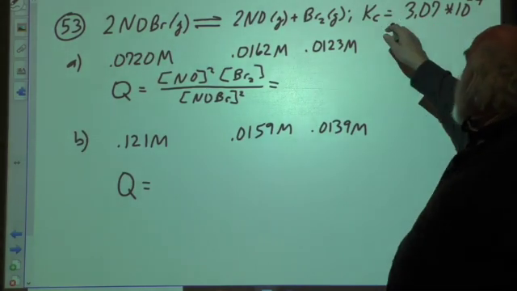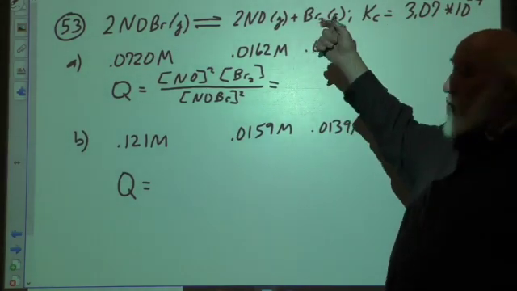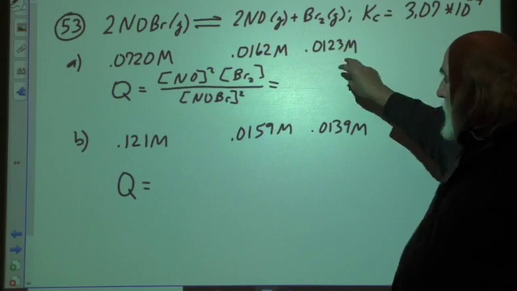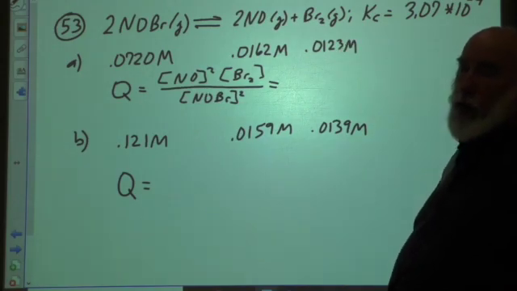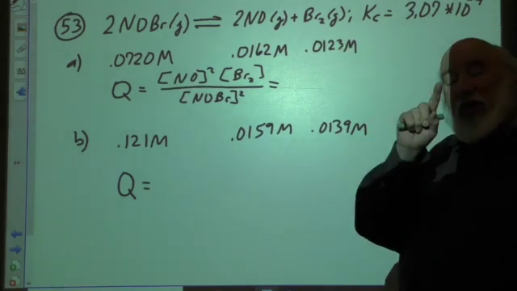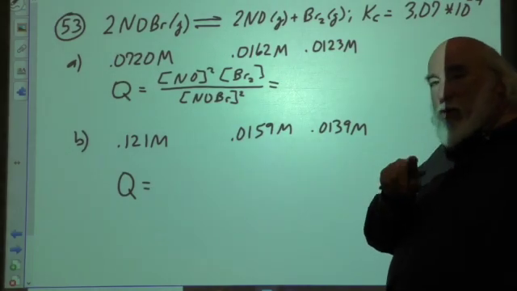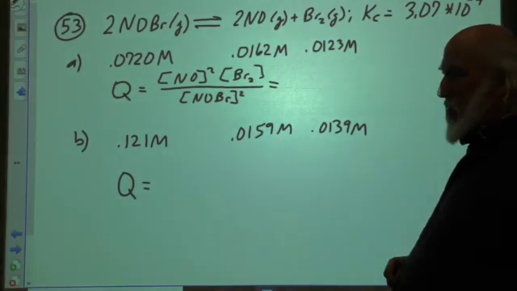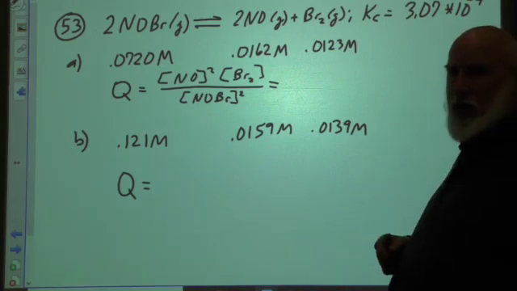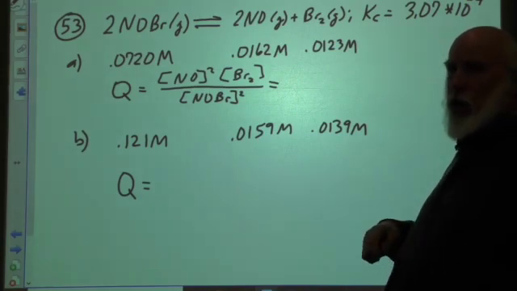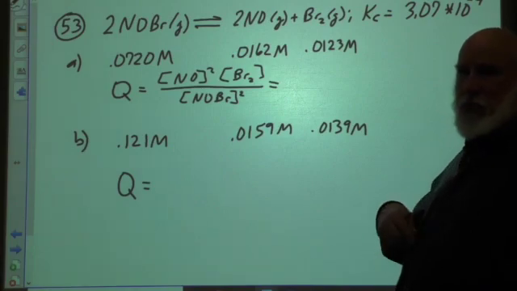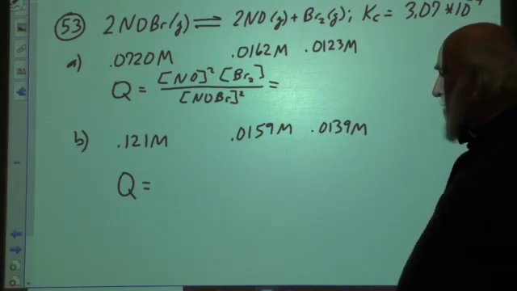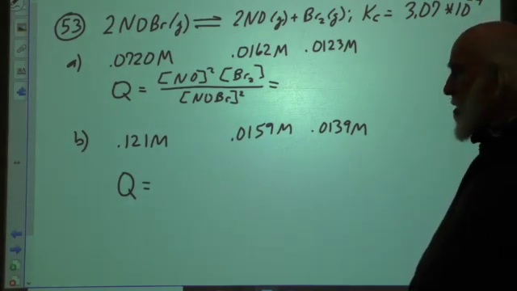If our value for Q equals Kc, this set of data given to us in A or B or both would be at equilibrium. But if it's not, we have to determine which way the reaction is going to shift to establish equilibrium. That's Le Chatelier's principle, which we'll get into at the very end of this chapter, and it was talked about by Mr. Anderson in the video that you looked at before we started the first one.